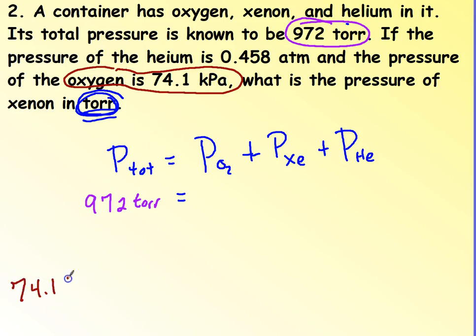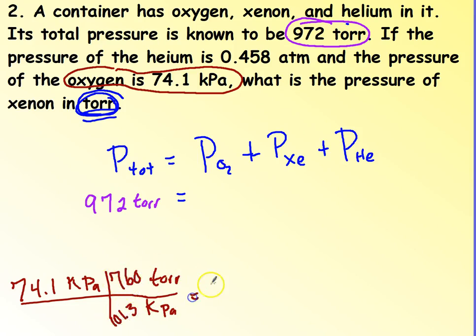So 74.1 kPa, and I'm going to change it to torr. kPa at the bottom, torr at the top: 101.3 kPa, 760 torr, so the kPa will cancel out. 74.1 divided by 101.3 times 760, I got 556 torr. So I'm going to plug it in for oxygen, 556 torr.